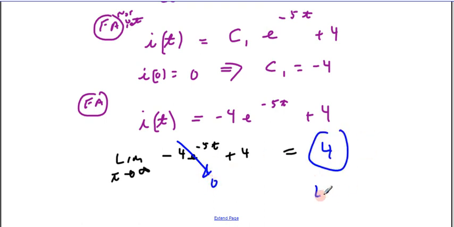So 4 amps. After the switch is closed for a goodly part of time, like maybe a couple seconds, from there on, the inductor is fully charged, and current stays at 4 amps.